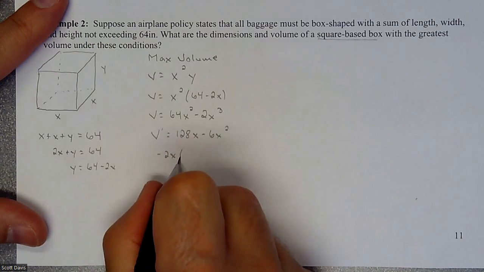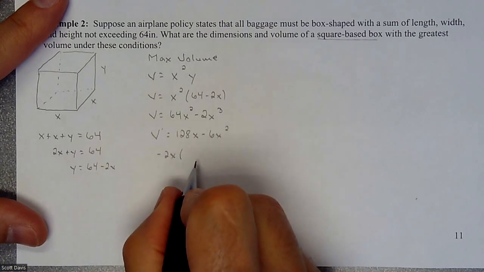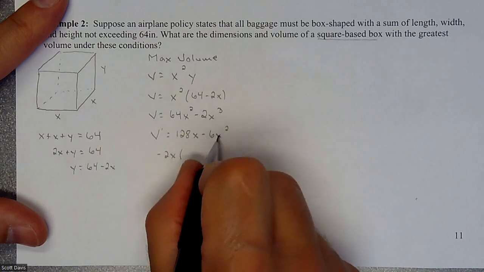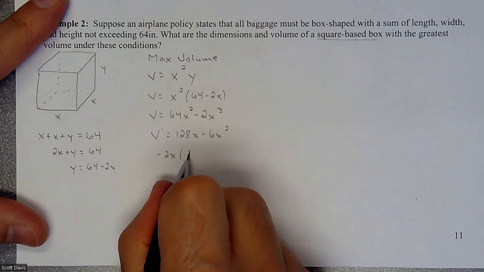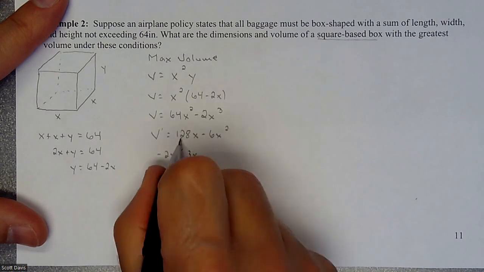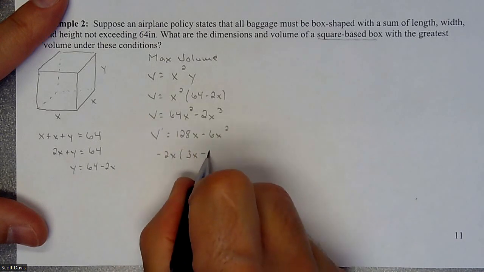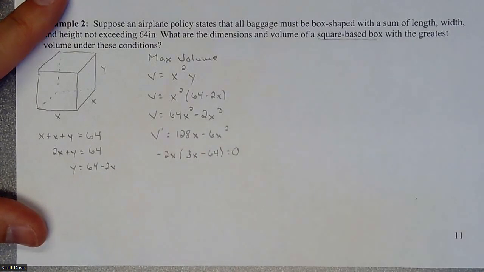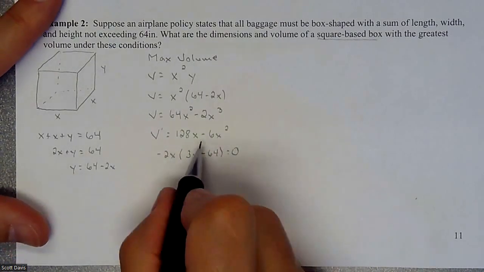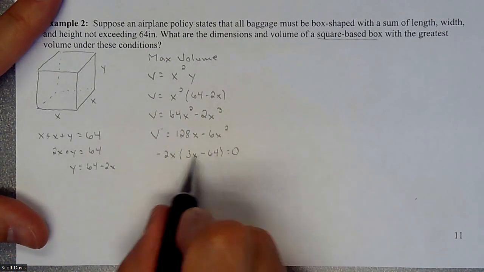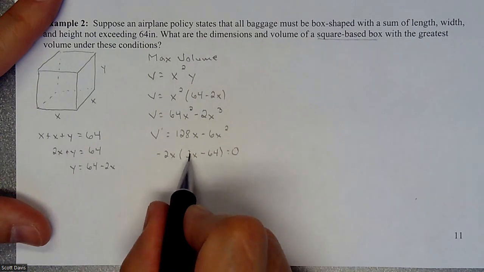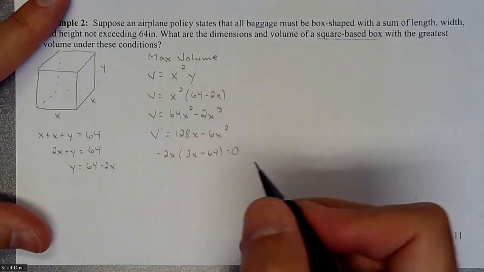And if we go ahead and try to solve that, we can take a negative 2x out. That's going to leave us with a 3x minus 64. That was us setting it equal to 0. We factored out a negative 2x for both pieces, just to make this a positive in the front, so we can solve it.